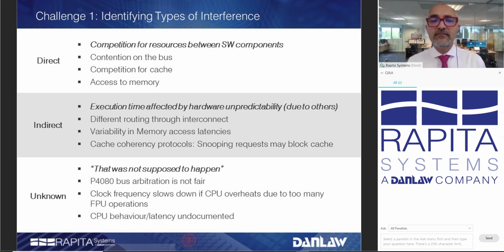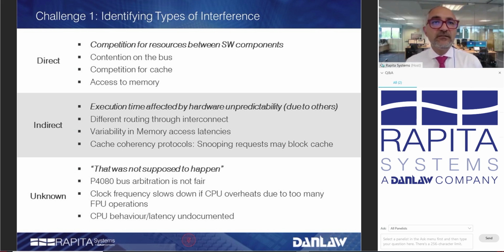For example, in a multicore processor, even if you work alone, rather than a bus you have an interconnect. Different requests to memory, because of the status of that interconnect, may follow different paths. These paths may have different execution times. So you are not really competing on the actual channel to go all the way to the memory, but because of a third-party behavior or state of the system, the routing algorithm may produce a different path, and that path may have a different execution time, for example.